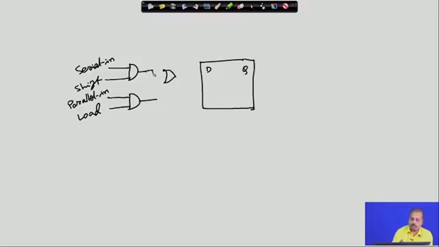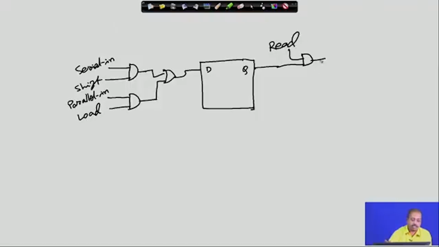So, I can have an OR gate, connected to this D flip flop, and for the output part I can have two outputs, parallel output and serial output. For that, I can have one AND gate where this value is coming and the other value is a read.